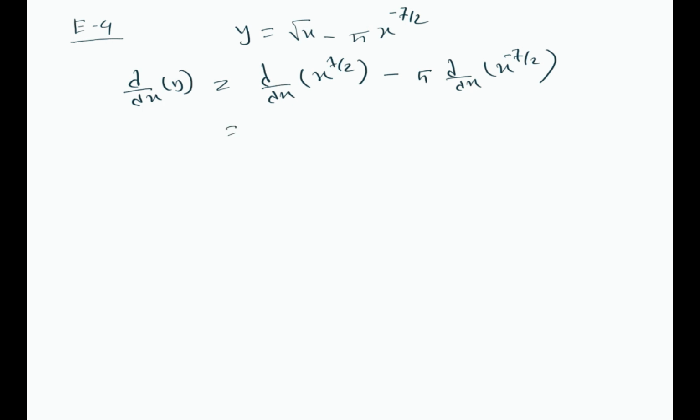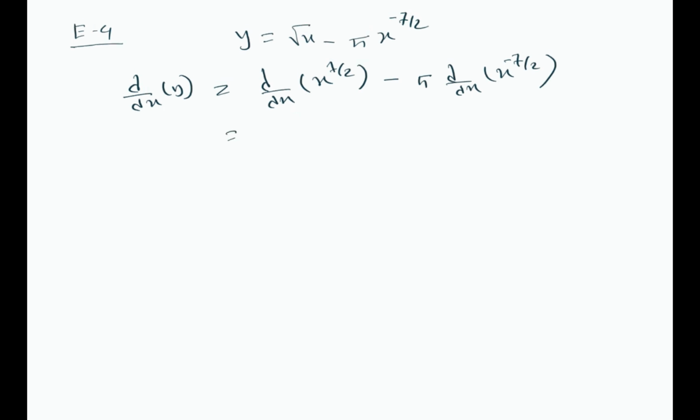Okay, so the derivative of x to the power half is equal to 1 over 2 times x to the power half minus 1. Now minus 5 times the derivative of x to the power minus 7 over 2.